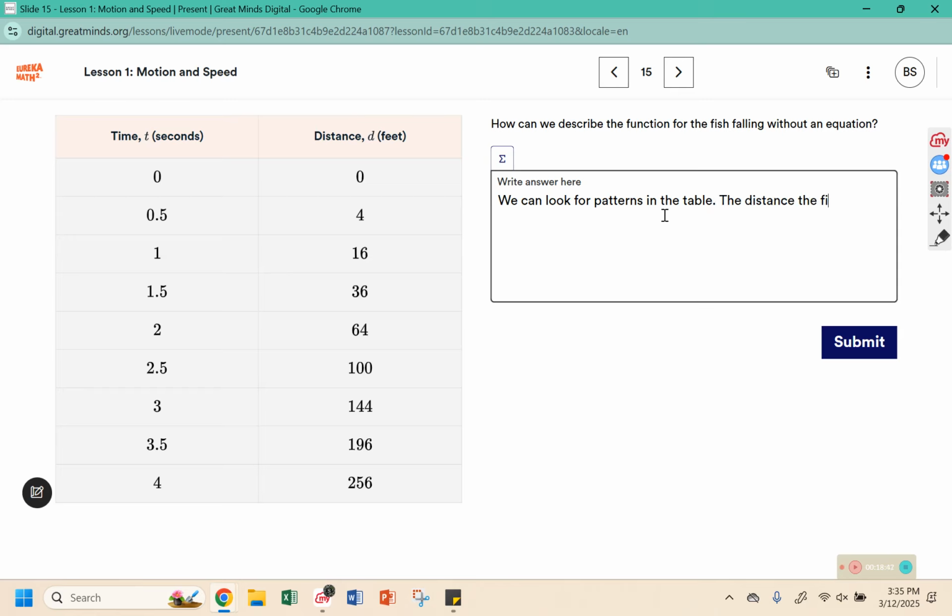The distance the fish falls is increasing with each second because the fish's speed is increasing as it drops.